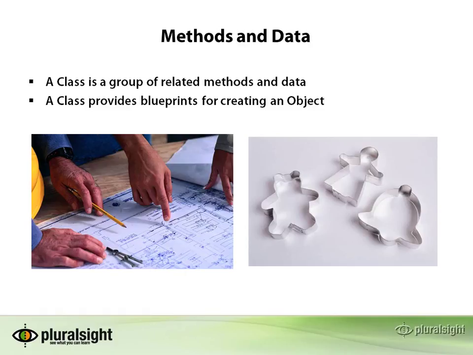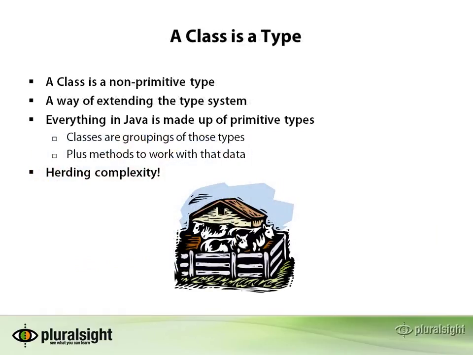And what a class is doing is it's allowing you to specify what are the general characteristics of a printer so that you could actually create a printer in your code. So another way to look at a class, getting even more into the technical details of what a class is in Java, is it's a type. A class is a non-primitive type.